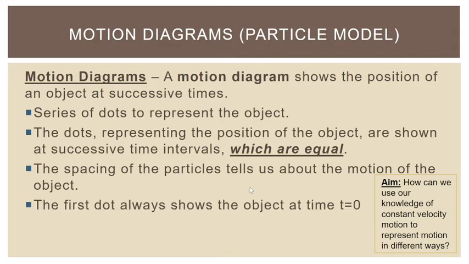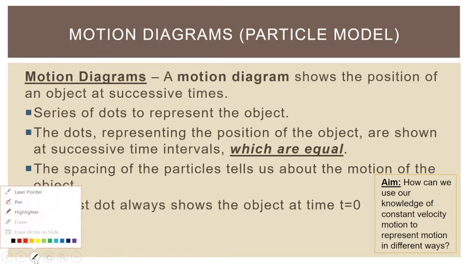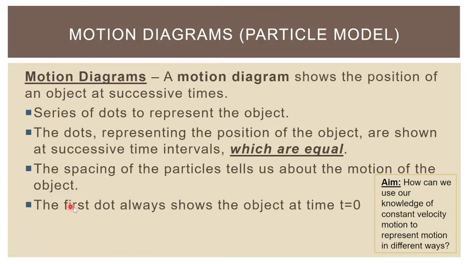This part is very important. So important that I'm going to laser it. The first dot always shows the object at time t equals 0. That means the first dot is showing you where the object was before anything happened.